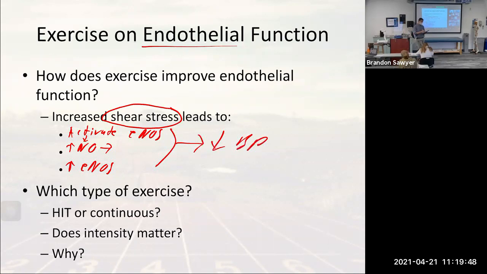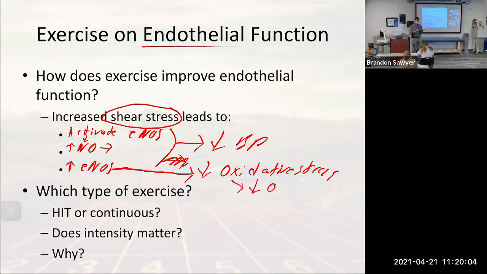Okay. And then I guess I'll add one other one. If we have, well, I'll also do the arrow right here. If we have more healthy eNOS, then we're going to have decreased oxidative stress. Right? If we have decreased oxidative stress, then we're going to have a decrease in that oxidized LDL.